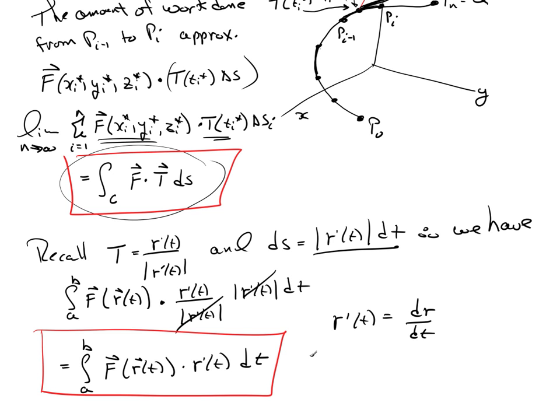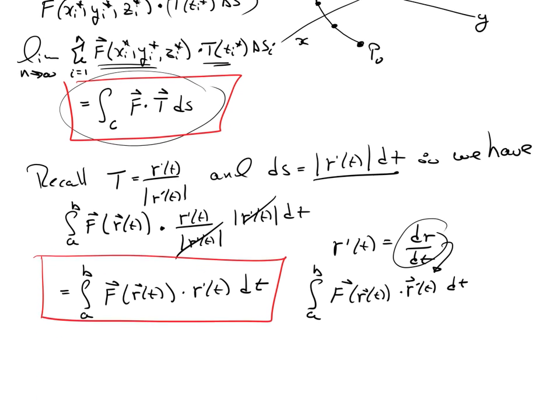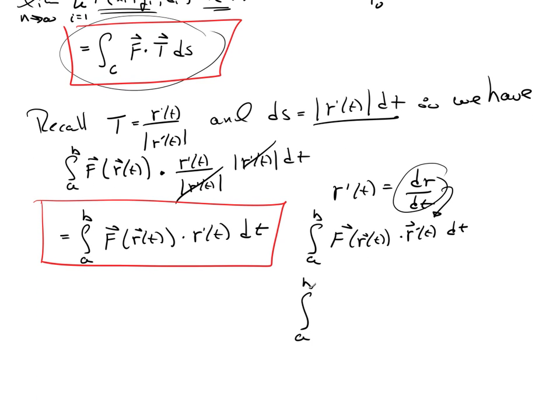So if I substitute that in, I'll have the integral from a to b of f of r of t dot dr dt dt.